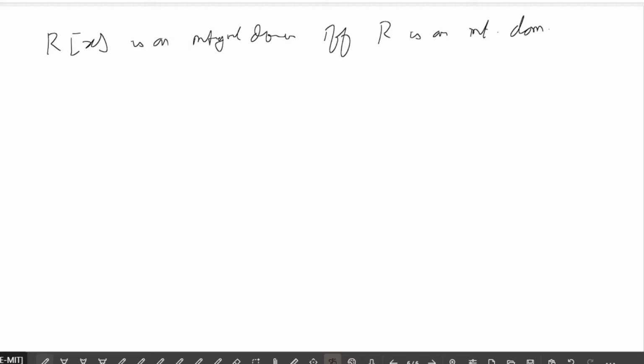Can you give me an example of a finite integral domain that is not a field? Any finite integral domain is a field. Why? What is another way to define an integral domain? What law holds? The cancellation law holds.